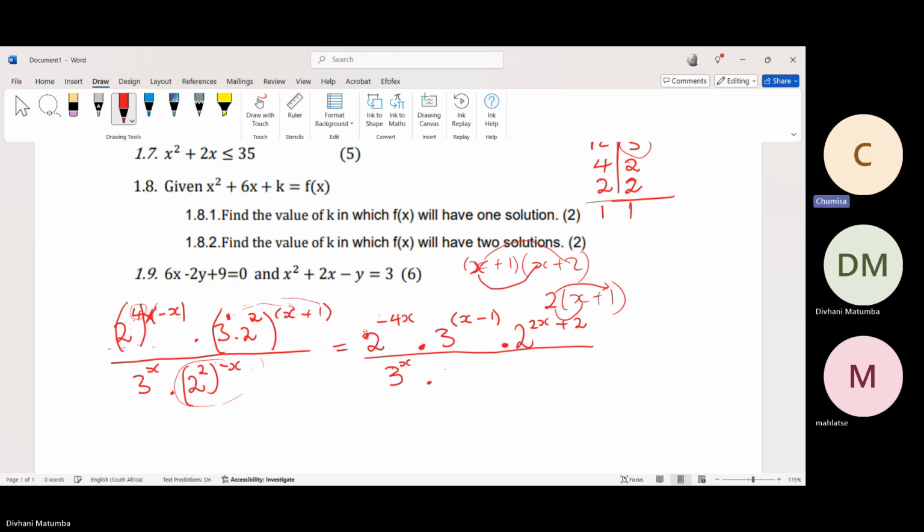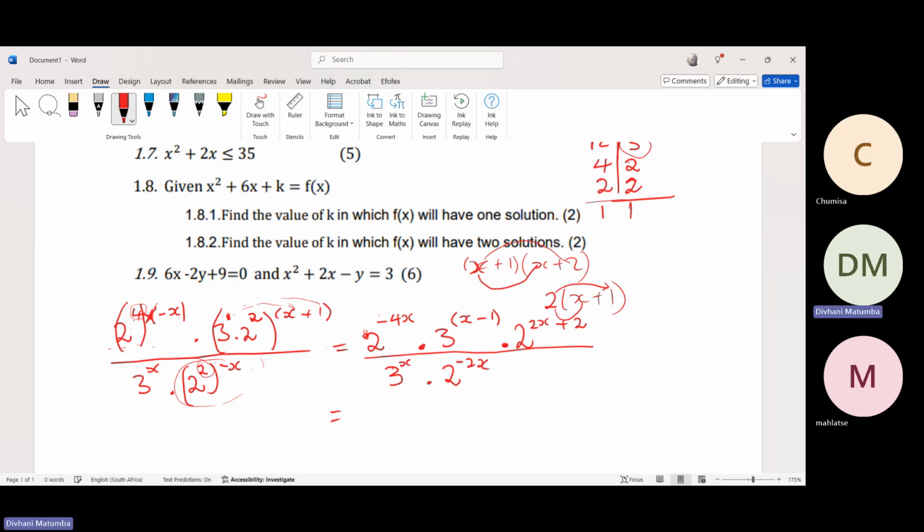We multiply the exponents. Which is going to be? Negative 4x. Why is it 4? The exponent is how much? Is it 4? Oh, so it's 2. You agree? Yes, sir. Okay. That's what we have now.